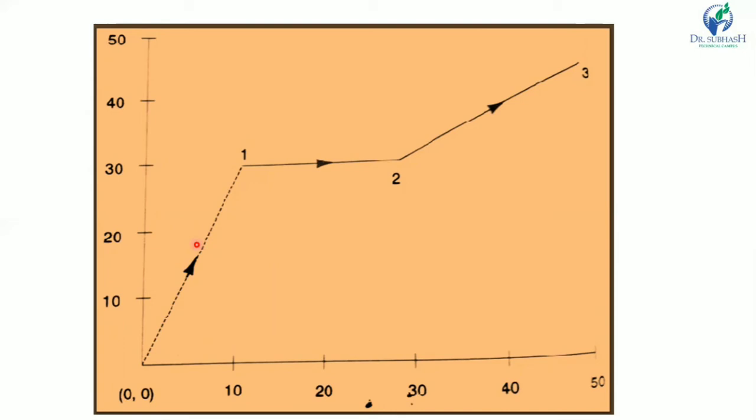And machining is to be done along points 1, 2, and 3. Z is 0 at the surface of the workpiece, and the depth of the groove is 3 mm.